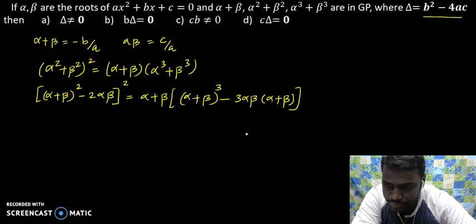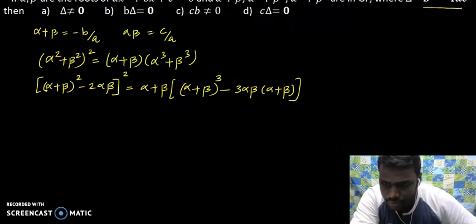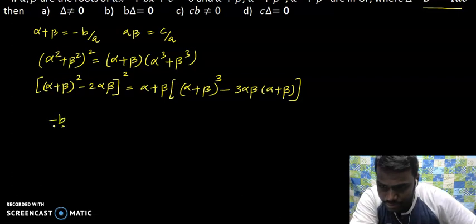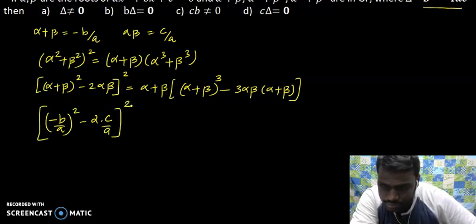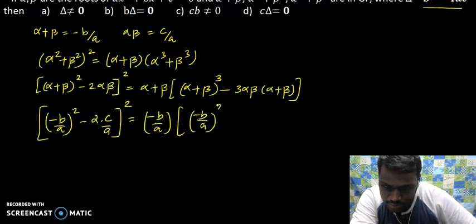So alpha plus beta is minus b by a, so this becomes minus b by a the whole squared minus 2 into c by a, the whole squared, is equal to minus b by a times, alpha plus beta is minus b by a, so minus b by a the whole cube minus 3 into c by a into minus b by a.